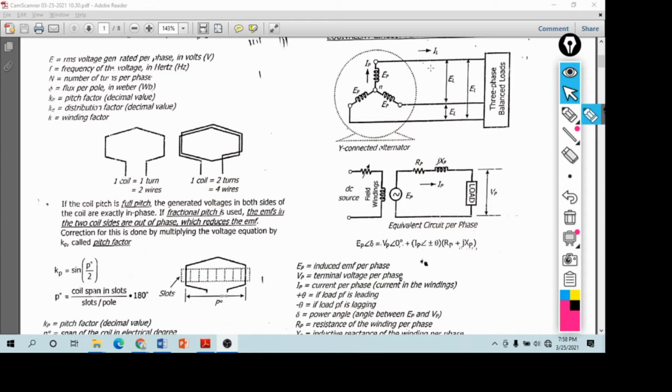So one coil, okay, so let's check. One coil is equal to 1 turn but has 2 wires. Okay. So here, let's check one coil. Okay, so this is the beginning. Okay. And here goes here, and this is the other end. This is the end. Okay.